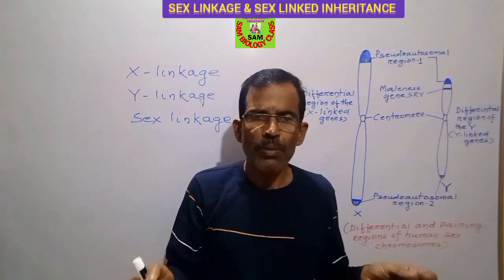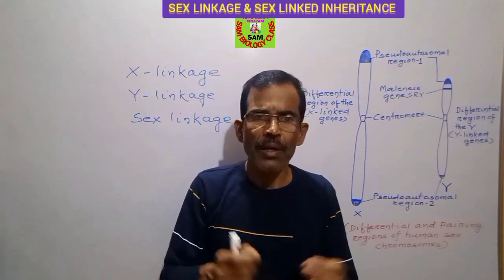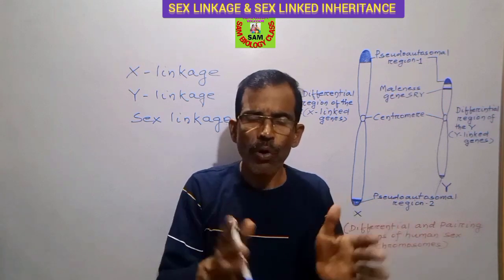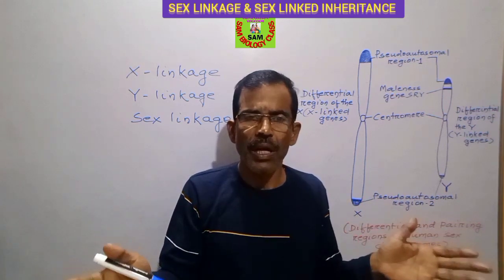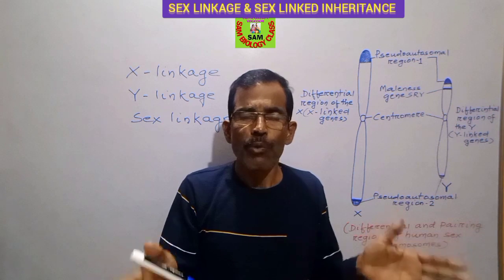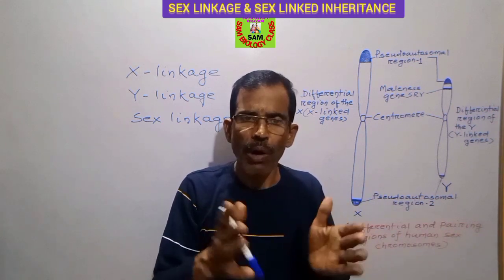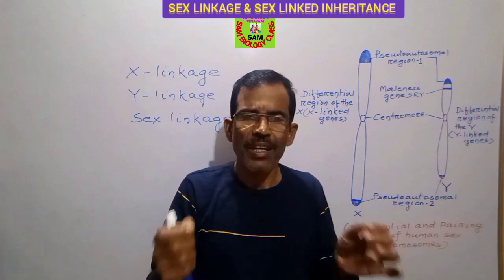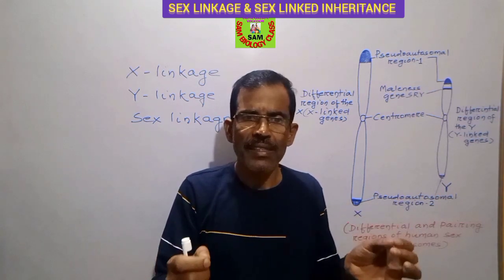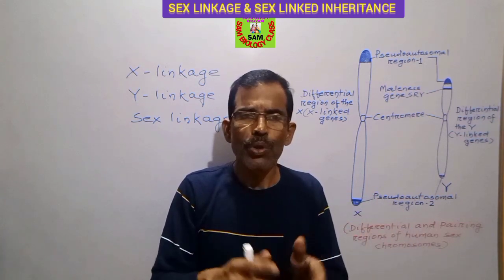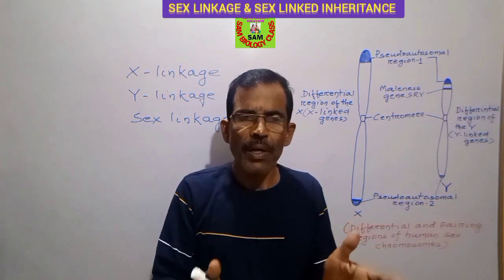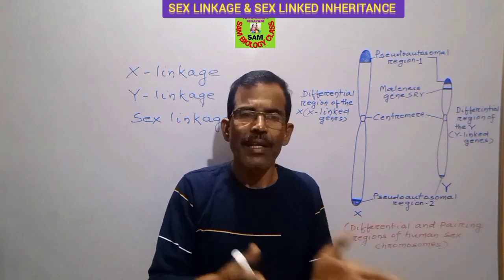The X chromosome contains many hundreds of genes, most of which are not involved in sexual function, and most of them have no corresponding allele on Y. Whereas the Y chromosome, which is comparatively smaller than X, contains a few dozen genes, some of which have a corresponding allele on X and the remaining do not.